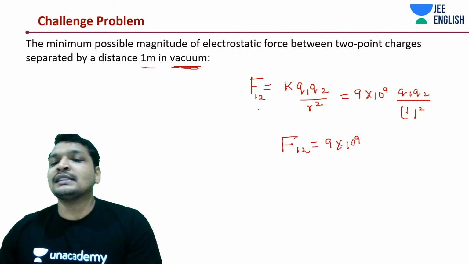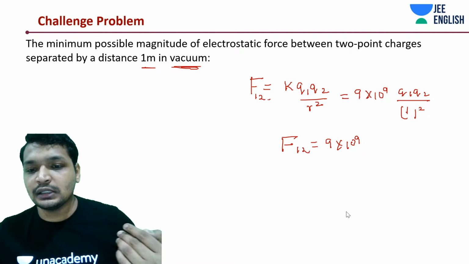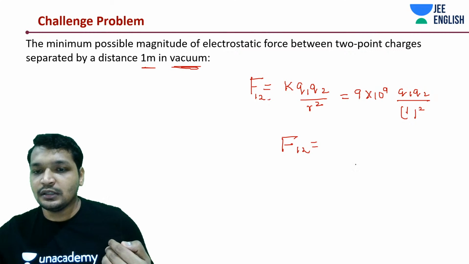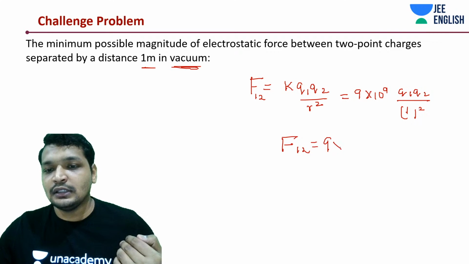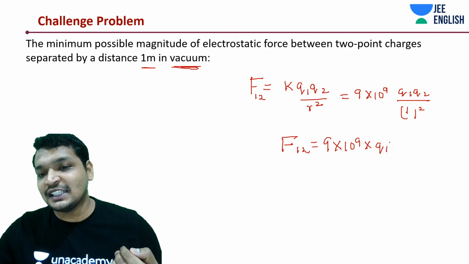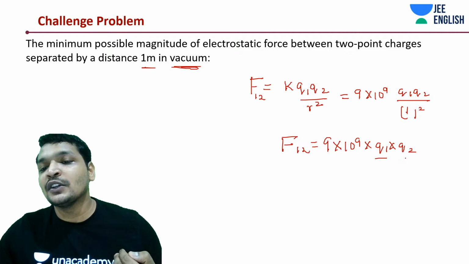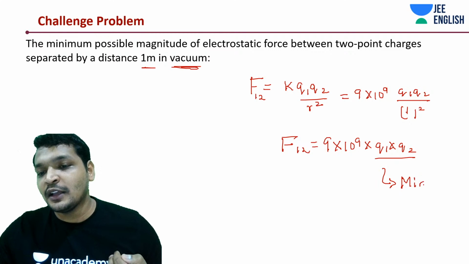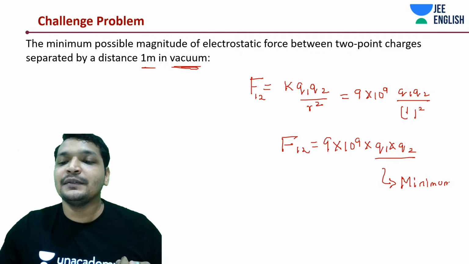Now you need to analyze something around the charges. What can be the value of charges such that the force is minimum? So the product of these two should be minimum. When is it possible?